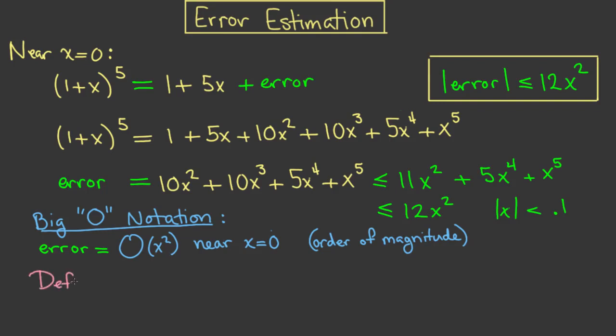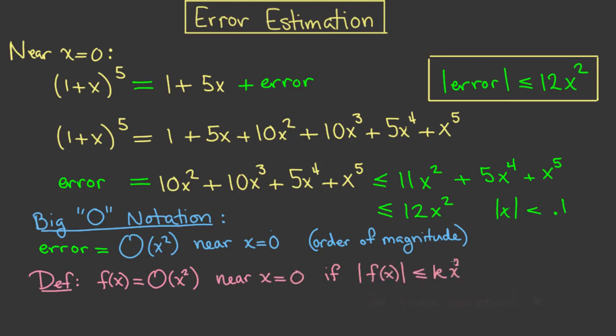So let's give a formal definition. We say that a function f of x is big O of x squared near x equals 0 if the absolute value of f of x is less than k times x squared for some constant k when x is near 0. The value of k is determined by the actual function.